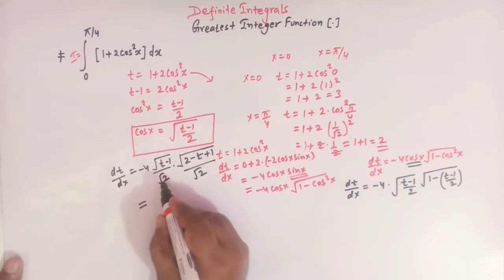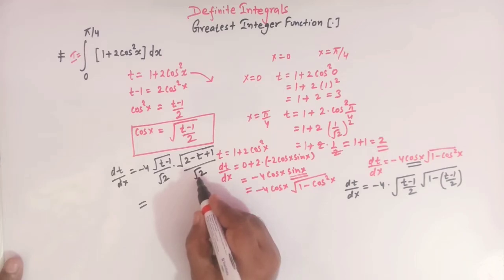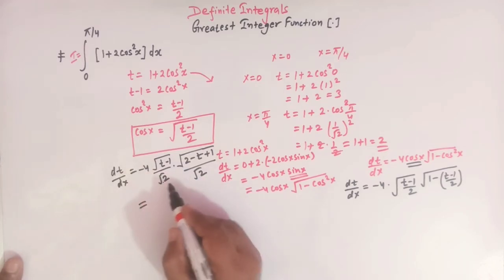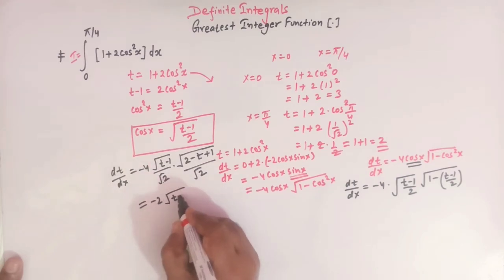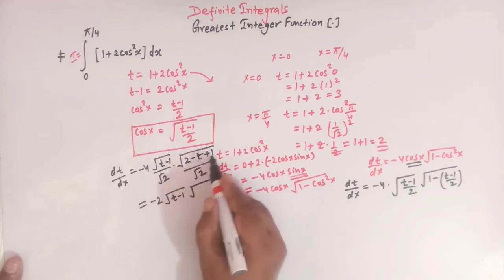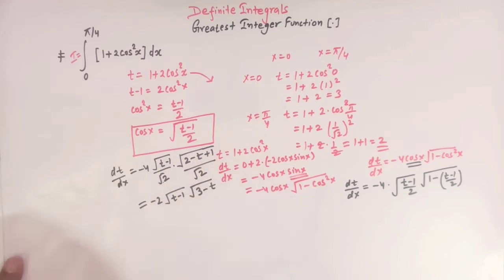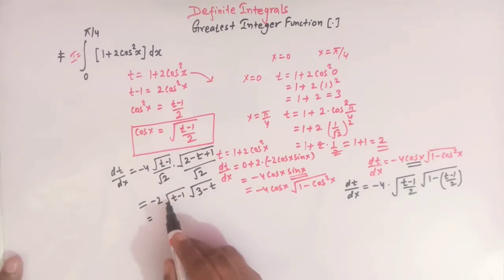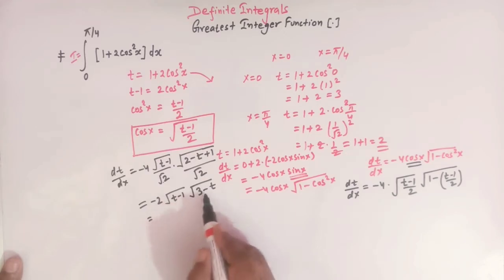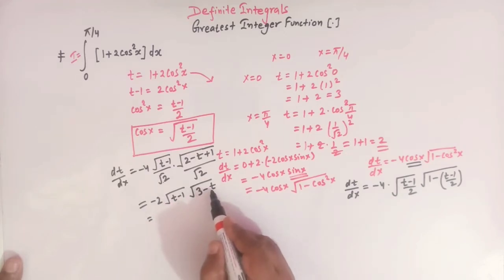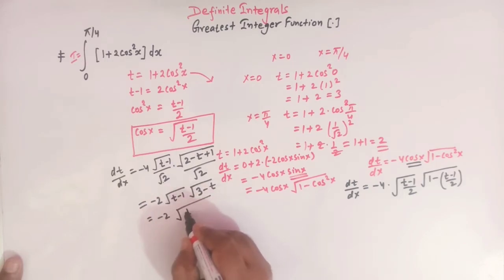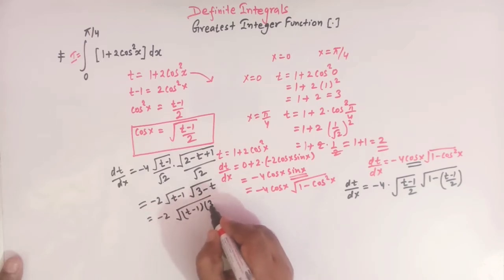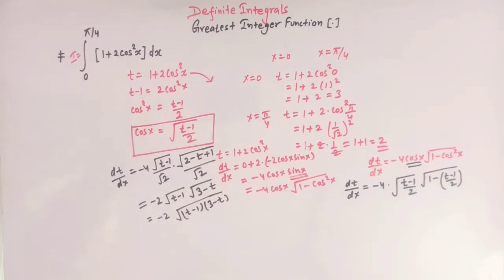Square root of 2 times square root of 2 is 2, and we can cancel this 4 with this 2, so we are left with minus 2 times square root of t minus 1 times square root of 3 minus t. Now we will combine these two terms, because both t minus 1 and 3 minus t are under the square root sign, so we can write t minus 1 and 3 minus t together.